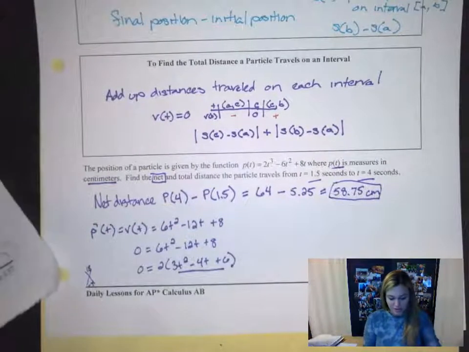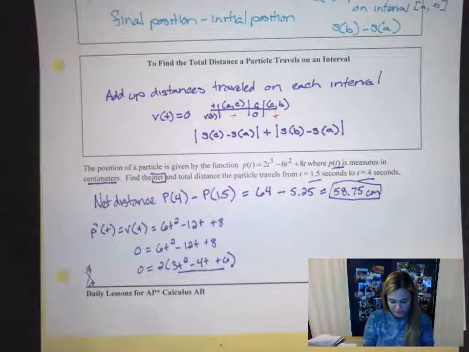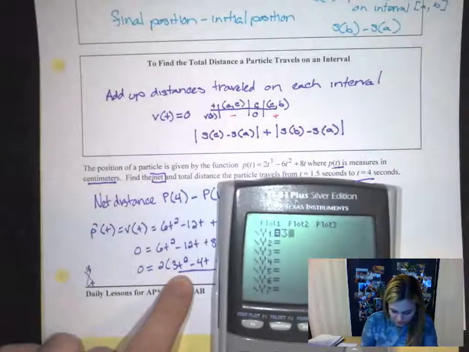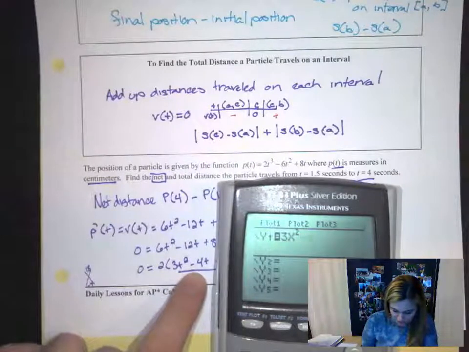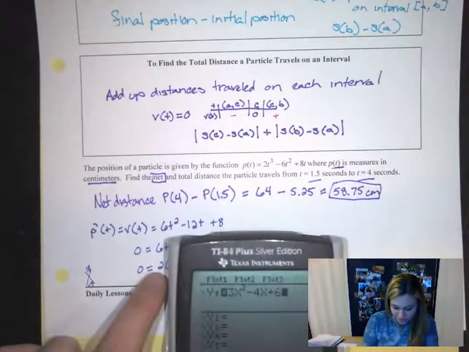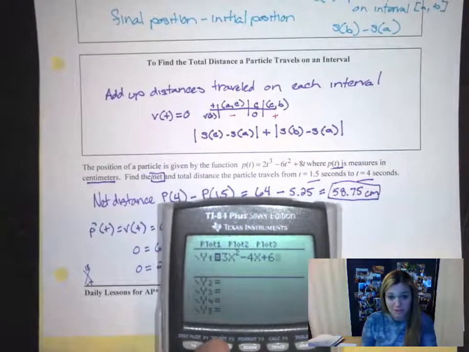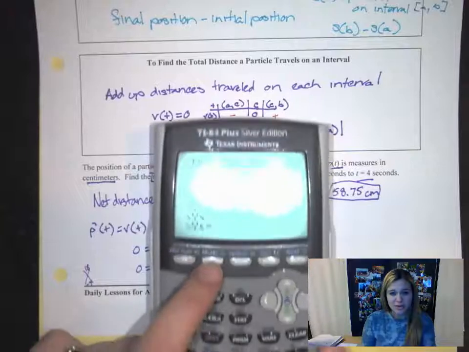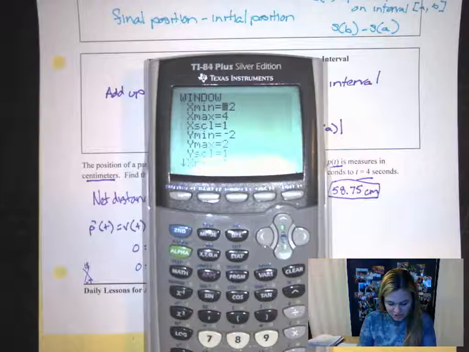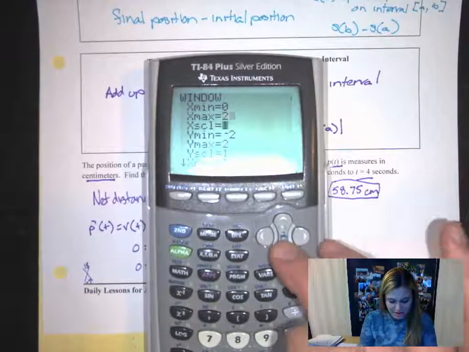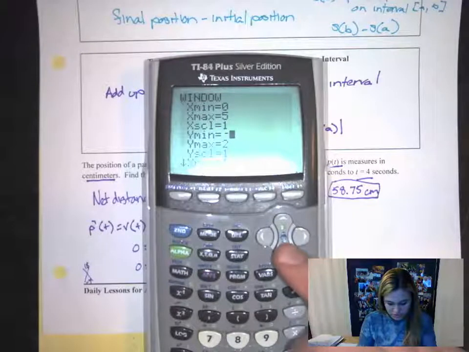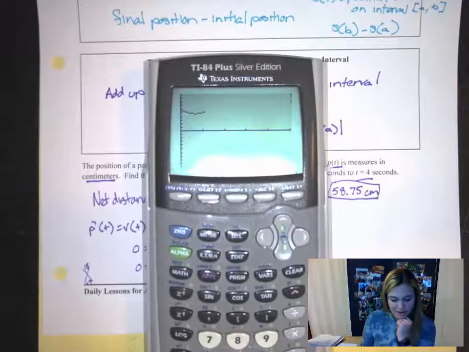If I try this on my calculator, just so you can be convinced, I would have 3x squared minus 4x plus 6. I'm only talking about the interval from 1.5 to 4, so I'm going to change my window so that it's just like 0 to 5 that I can see on the x's, and negative 10 to 10 for the y's.